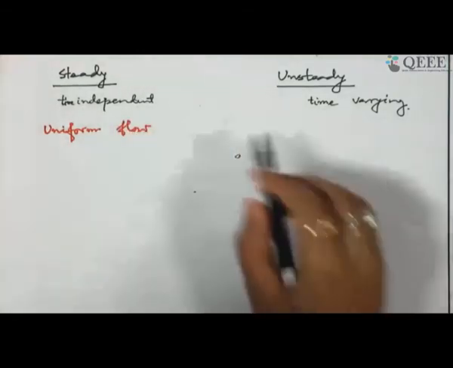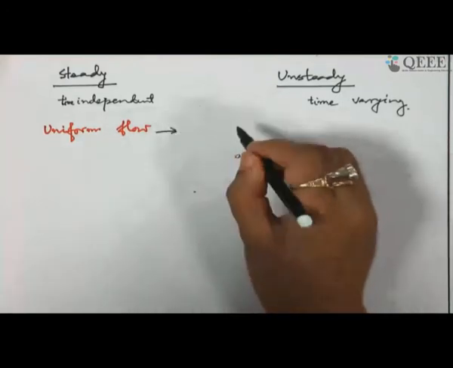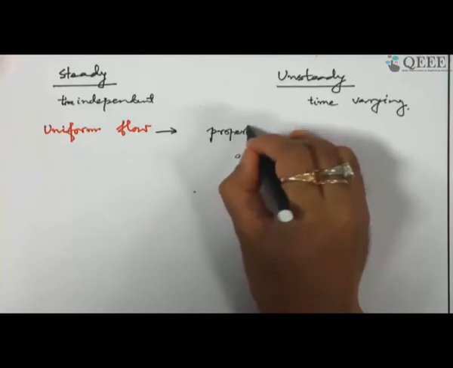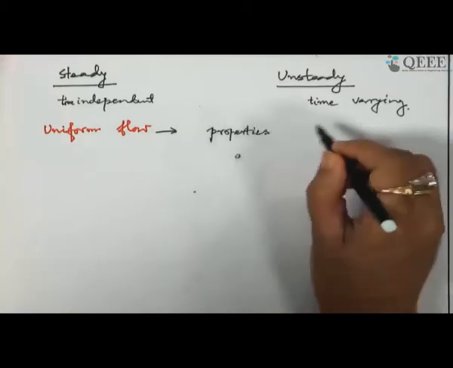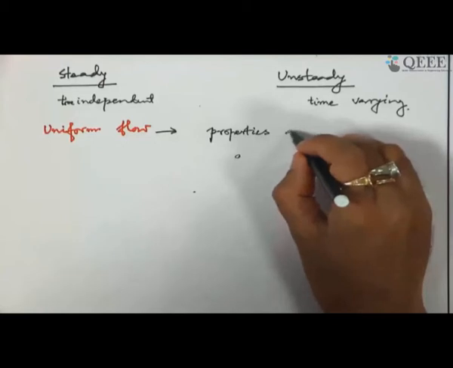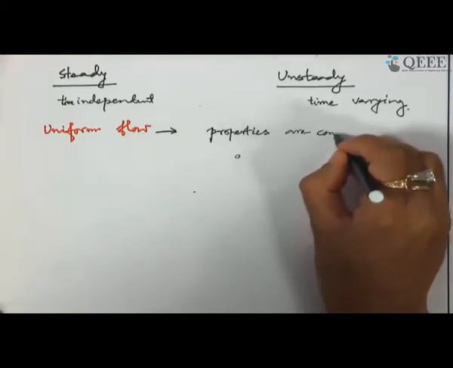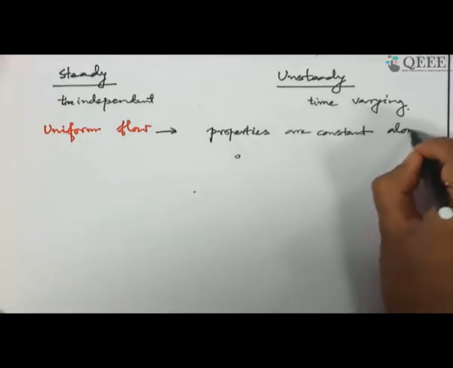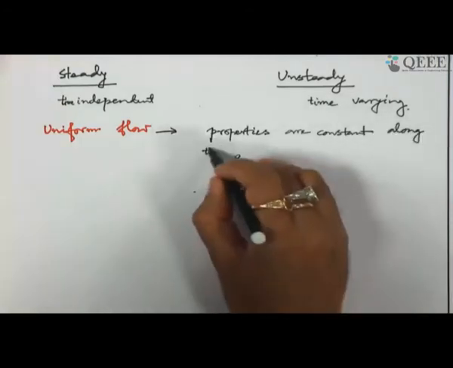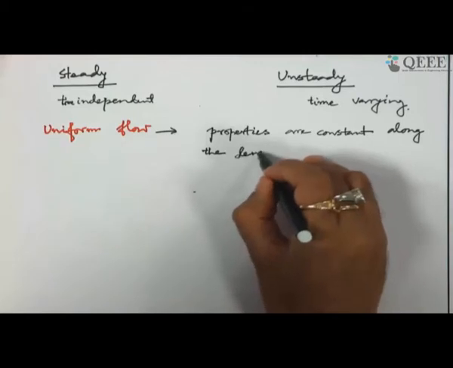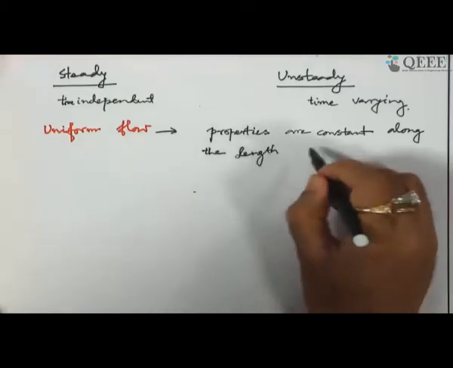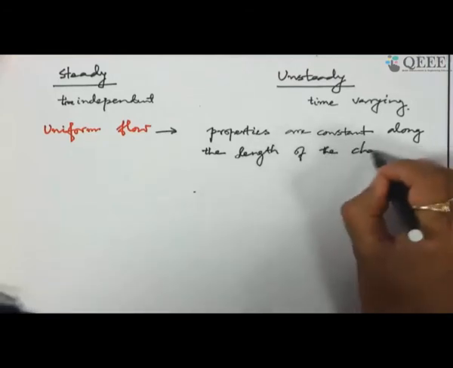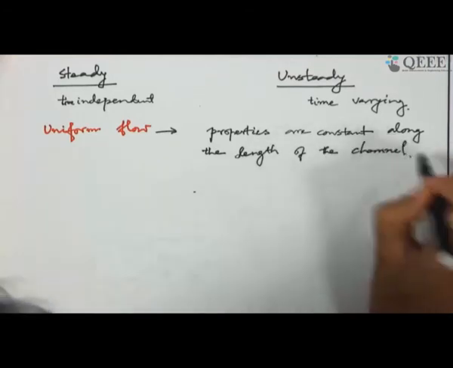Now, let us talk about the term uniform flow. In case of uniform flow, the properties are constant along the length of the channel.